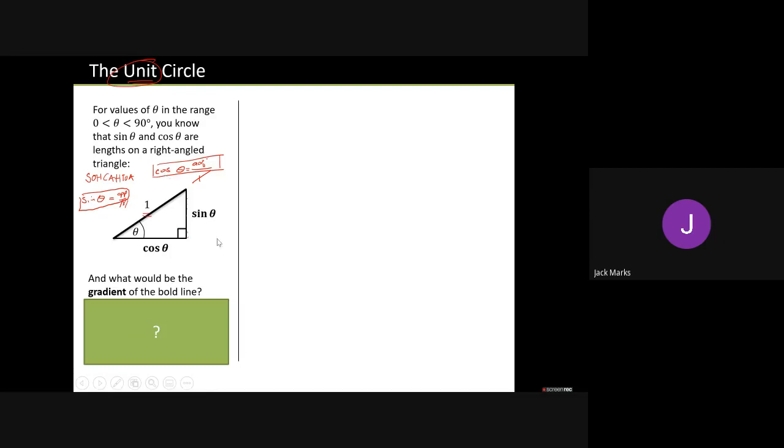And while we're at it, what is the gradient of this bold line? Go back to chapter 5, straight lines. How do you find the gradient of a straight line? Well, it's the difference in y's, which is sine theta, divided by the difference in x.